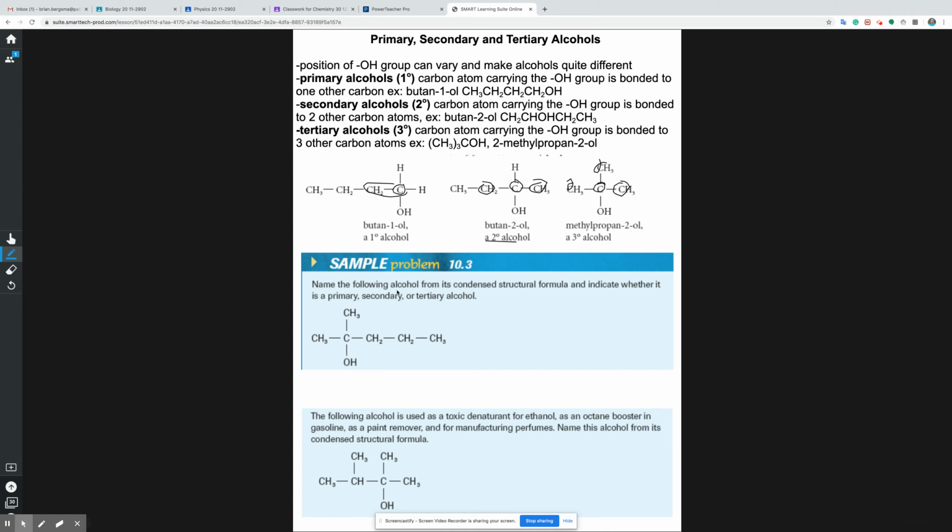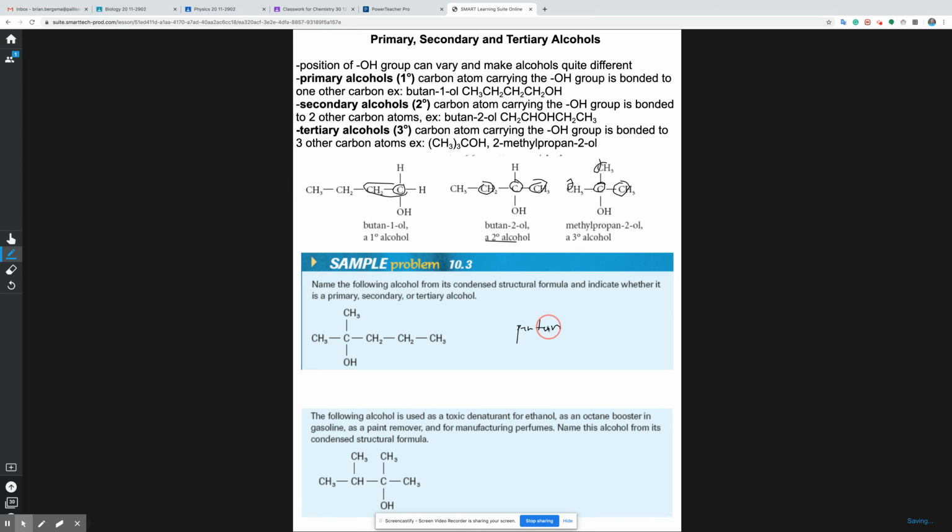For naming the following alcohol from its condensed structural formula, and then indicating whether it's primary, secondary, or tertiary: again, find the longest chain. We have a 5 carbon chain, with our hydroxyl group coming off the second carbon. So we can write it down: pentan.